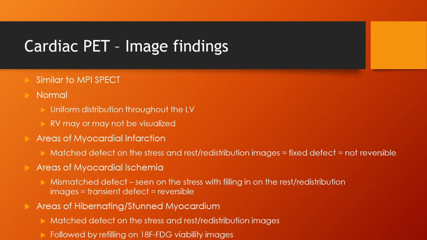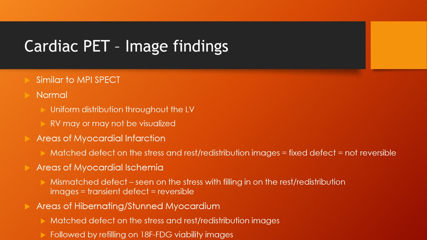So cardiac PET image findings are very similar to MPI SPECT, except it's more accurate and we get a ton of information. A normal perfusion will have uniform distribution throughout the left ventricle. Right ventricle may or may not be visualized. With SPECT imaging, recall that it is not necessarily a normal finding to see a right ventricle, especially a right ventricle that is showing up as really perfused and large on the SPECT images.